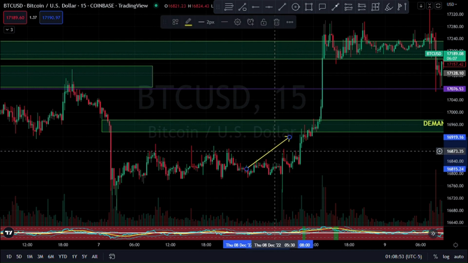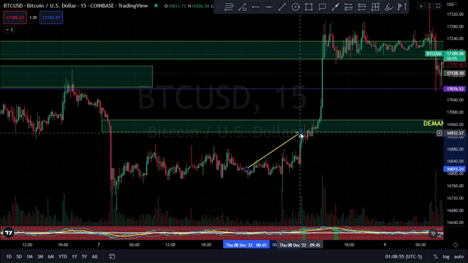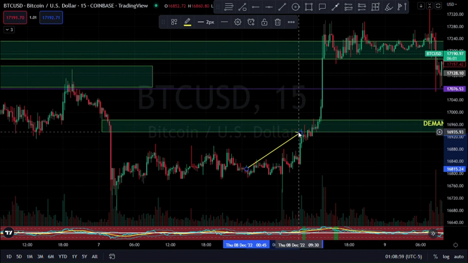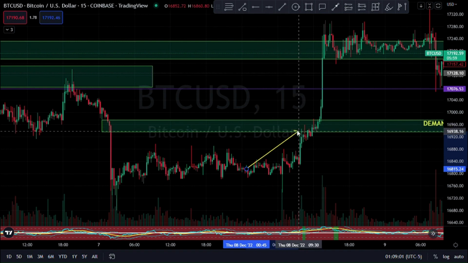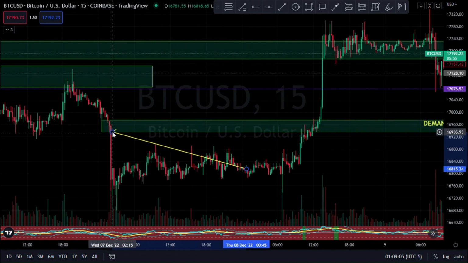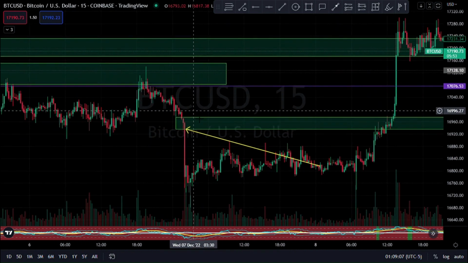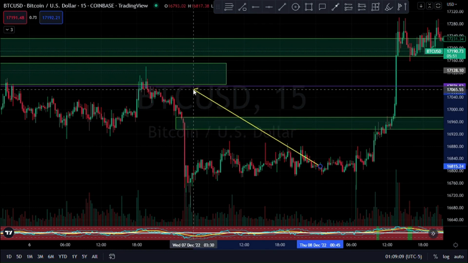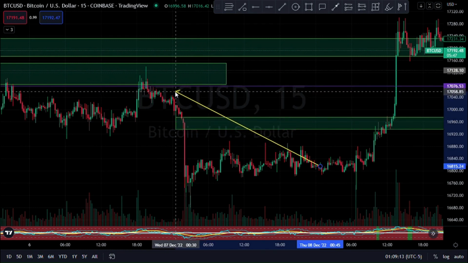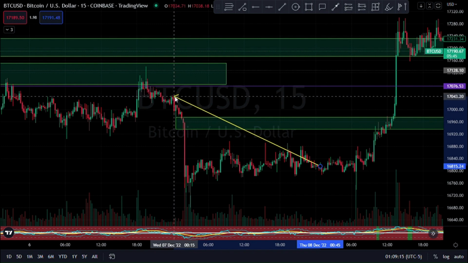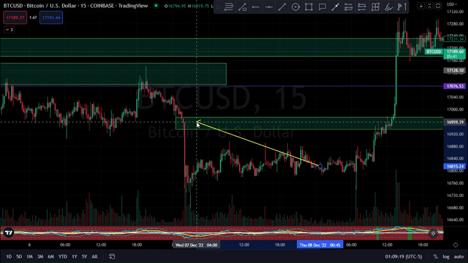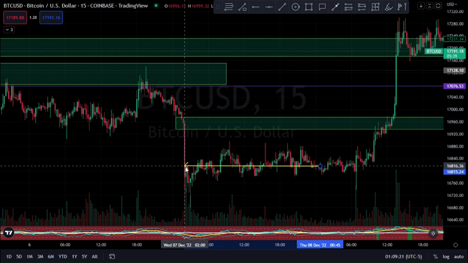Because if price was literally right here, this zone right here would then be a supply zone based off of what we just did, which is backtest. Just like where we currently are, there's a zone above it and a zone below it. So if price is currently right here in this area, this will be considered a supply zone, and this would not be a zone because this hasn't happened yet.